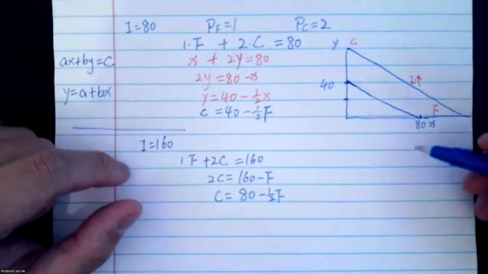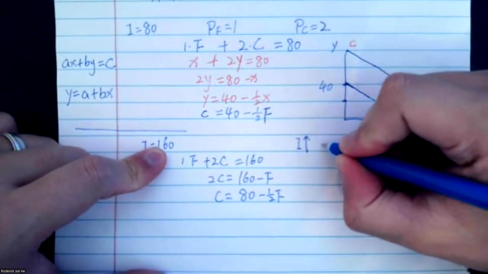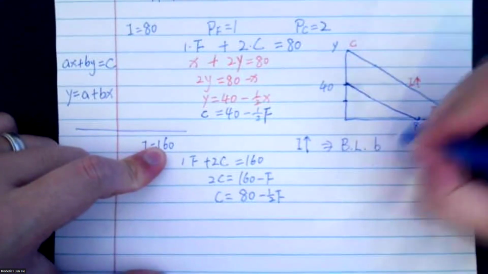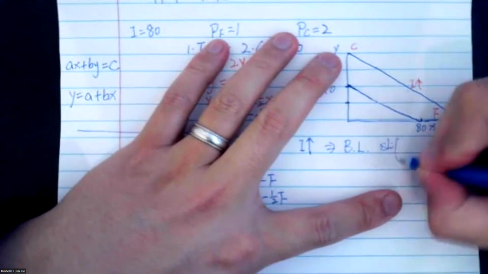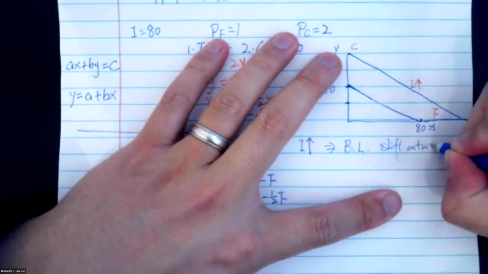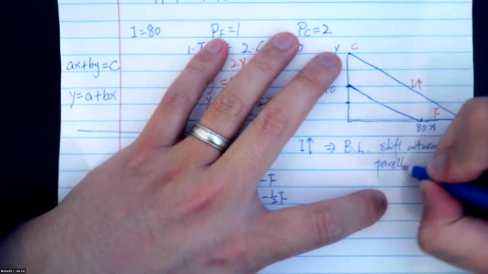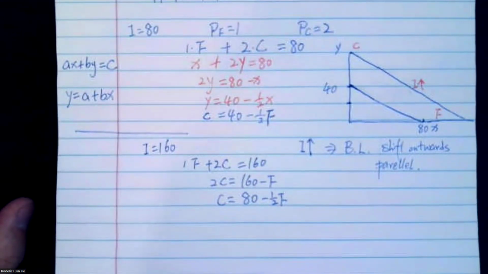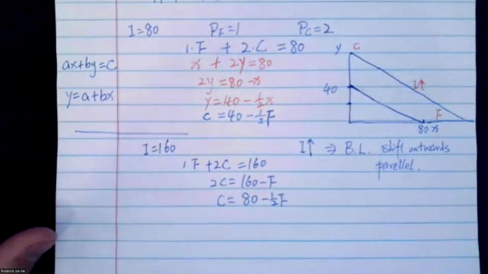So what happens to this? Let me put it here: when I increases, the budget line shifts outwards in a parallel fashion. Parallel shift outwards. Then let's examine with our intuition.